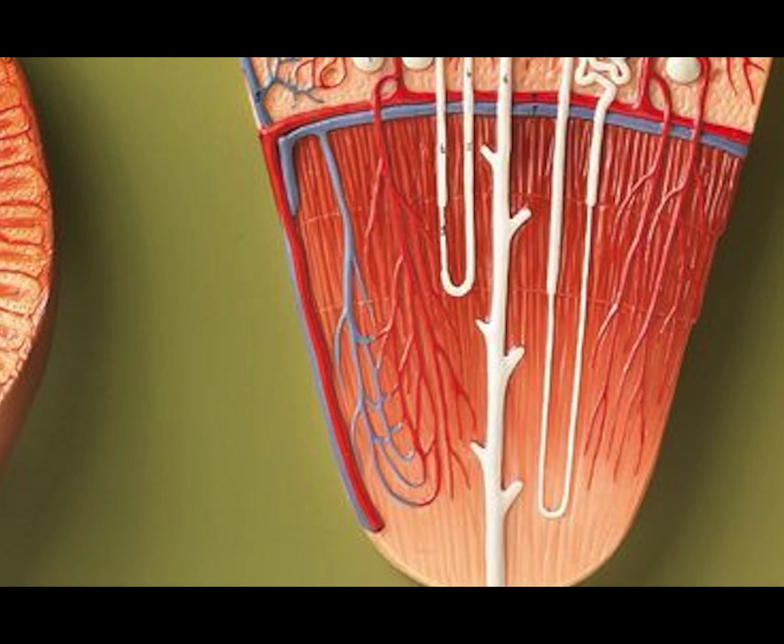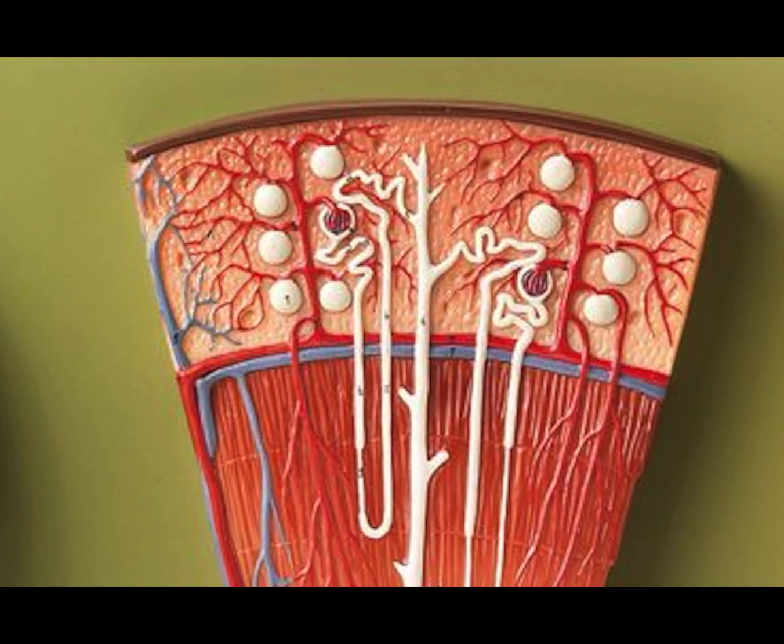Maybe not. There we go. So you can see the glomerular capsule here. This would be the proximal convoluted tubule. The nephron loop, or the loop of Henle.